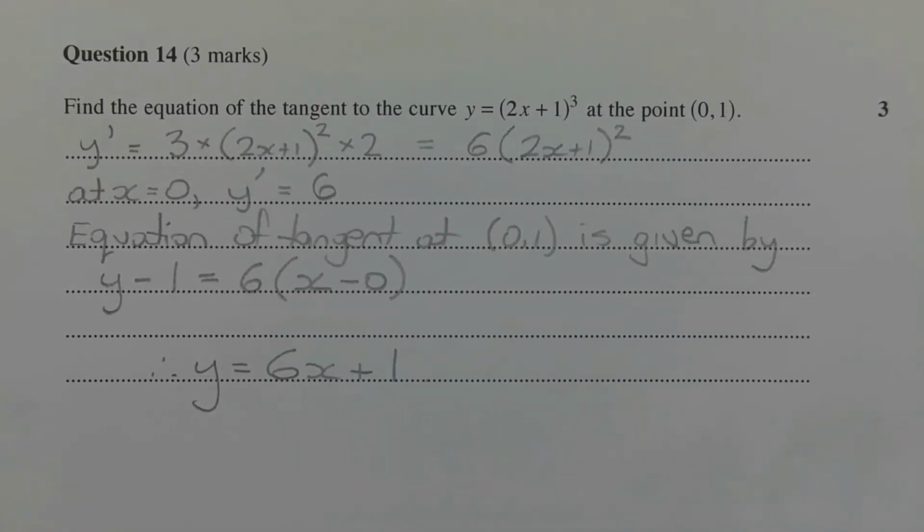So substituting those values into the point gradient formula, we get y minus 1 is equal to 6 outside of (x minus 0). And expanding the brackets, and moving this minus 1 over to the other side, we get the equation of the tangent as y equals 6x plus 1.